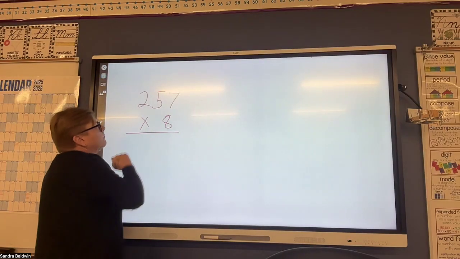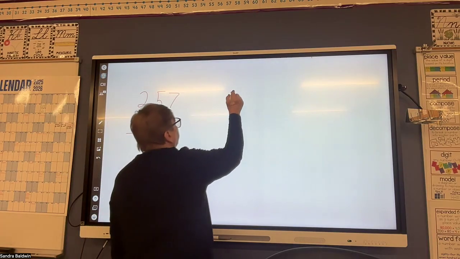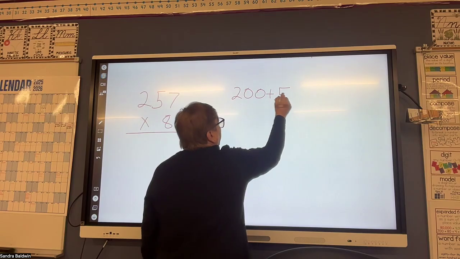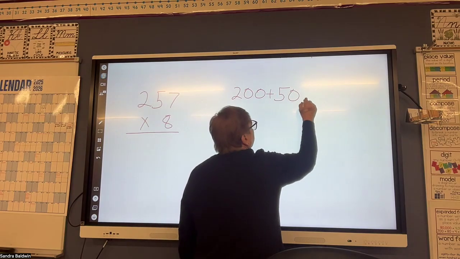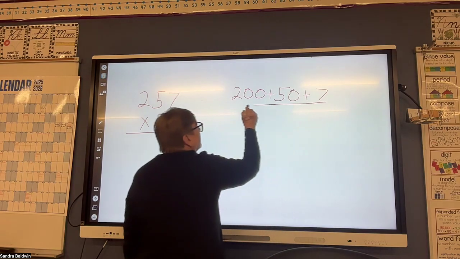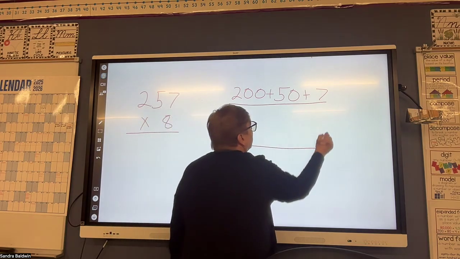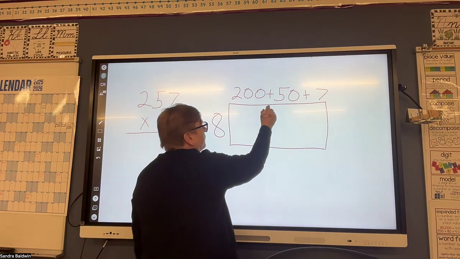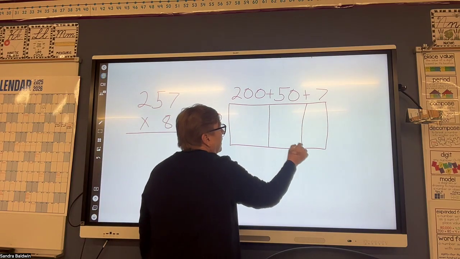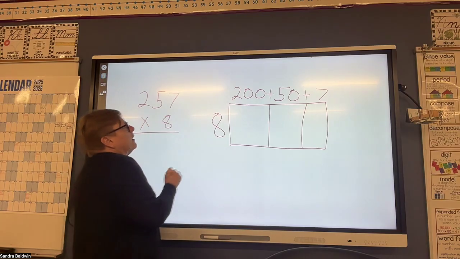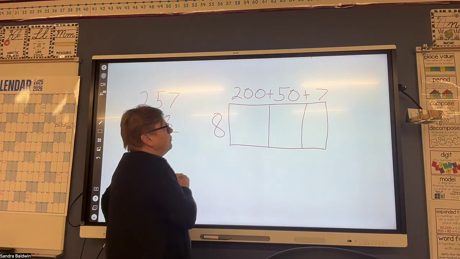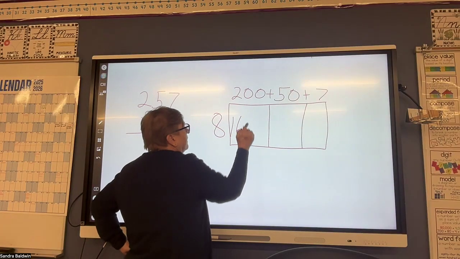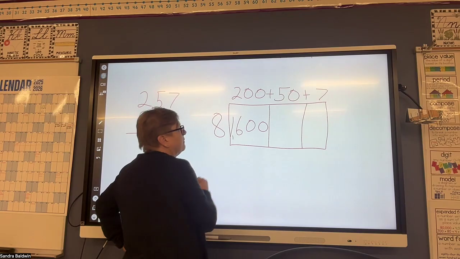I'm going to decompose 257 into expanded form, 200 plus 50 plus 7. Now we know why we learned all about expanded form. Okay, the factor of 8 goes here. We'll draw lines from underneath my plus signs. Okay, 200 times 8 will be 1,600 because 2 times 8 is 16. My zeros for 100.